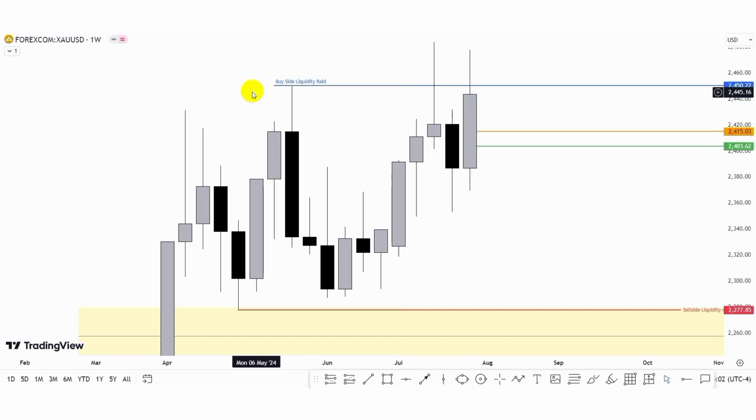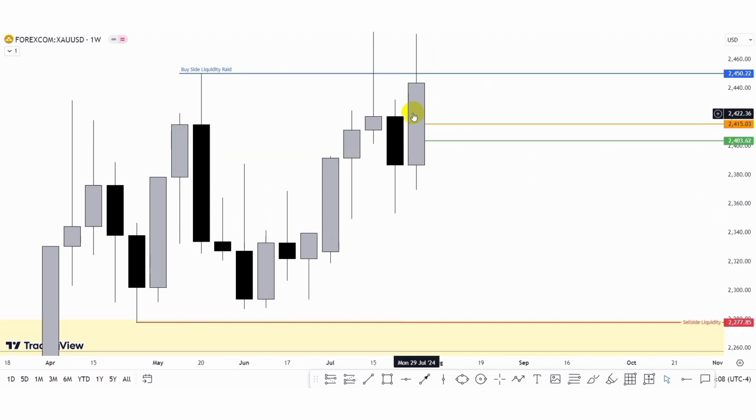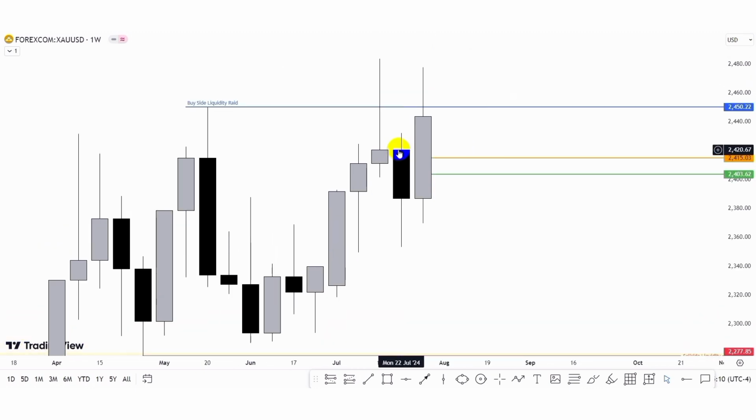So we can see that price took out this buy side liquidity. From the weekly time frame, price created an order block here because we have a down close candle and then an up close candle. For the coming week, we're anticipating to see price drop to the downside to either mitigate the 50% level of this bullish candle or the 50% level of the bearish candle.